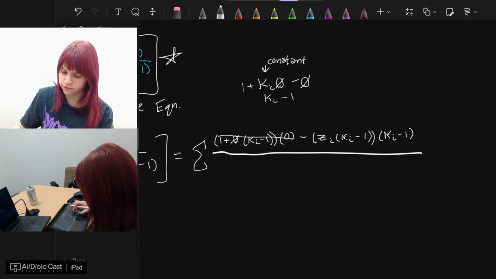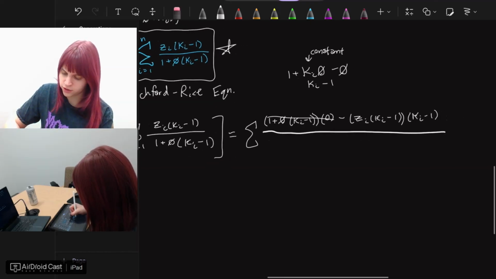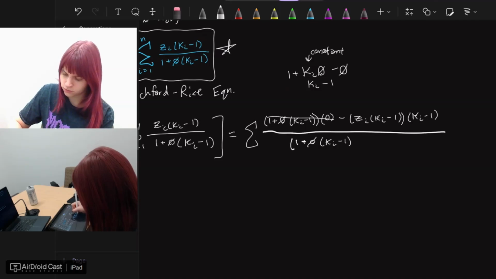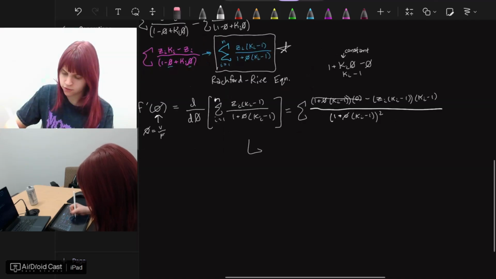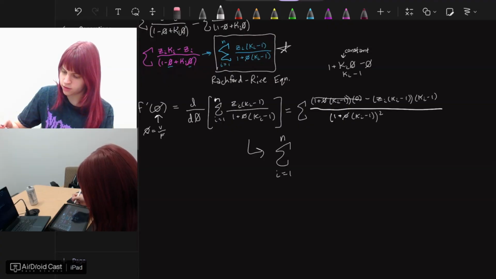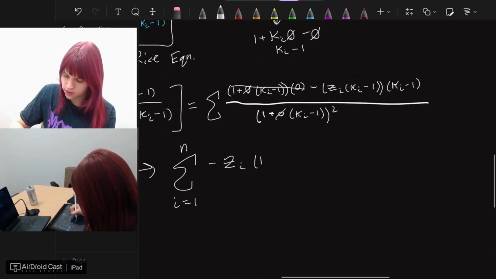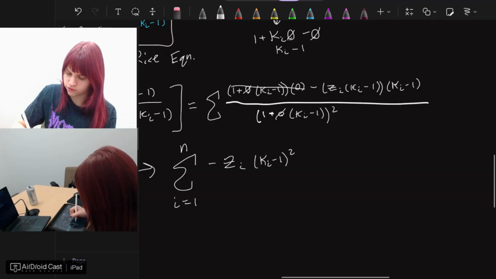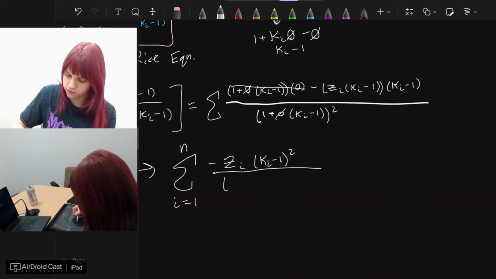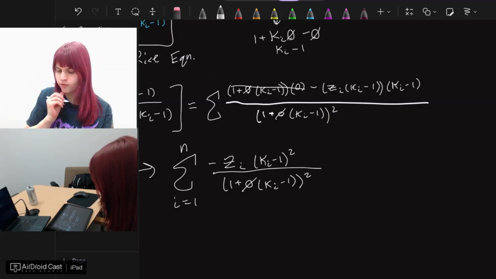And then we divide by the denominator squared. This results in something like this: we have a negative zi in the numerator, we have ki minus 1 twice, so I'm going to square that, all over our denominator, which is the same as before, just squared now.